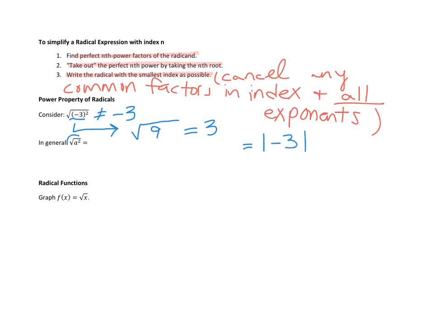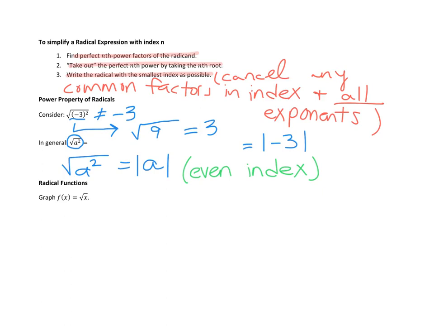So when we look at something in general like this, the square root of a squared, a is allowed to be anything, all right? And just in case a is positive, we are going to have to put absolute value around the a, okay? And again, this is only true for an even index.